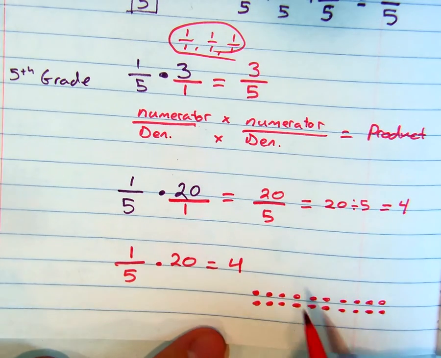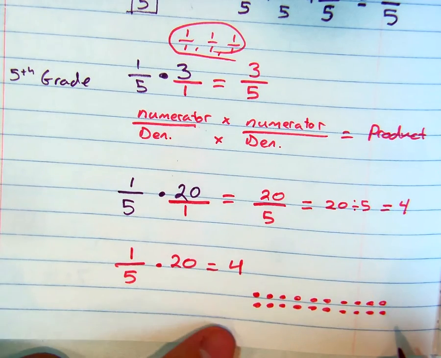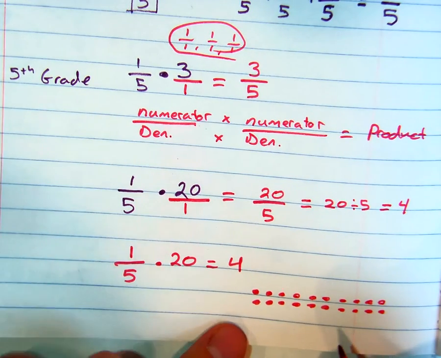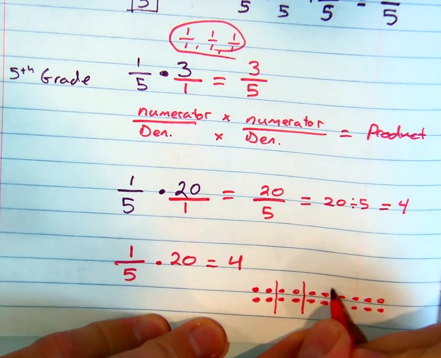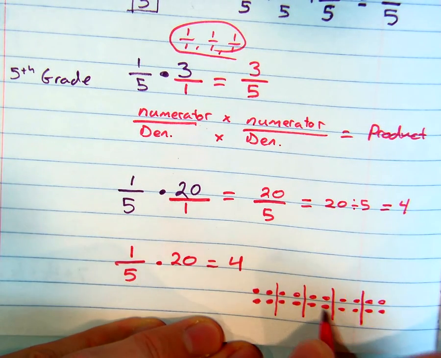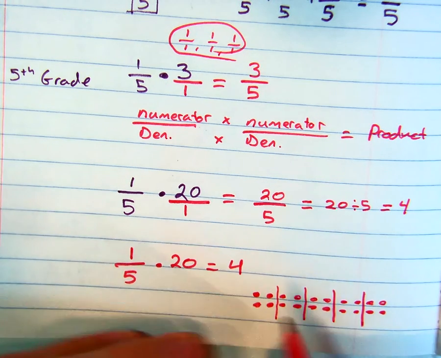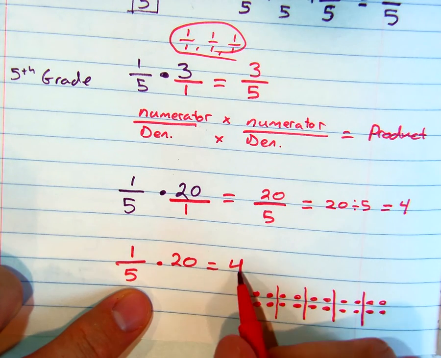What I'm saying is 1/5 of 20. I'm breaking these into 5 pieces. So I'm going to have 4 equal parts. So I have 1/5, 1/5, 1/5, 1/5, 1/5. So 1/5 of 20 is 4. So one section is 4.